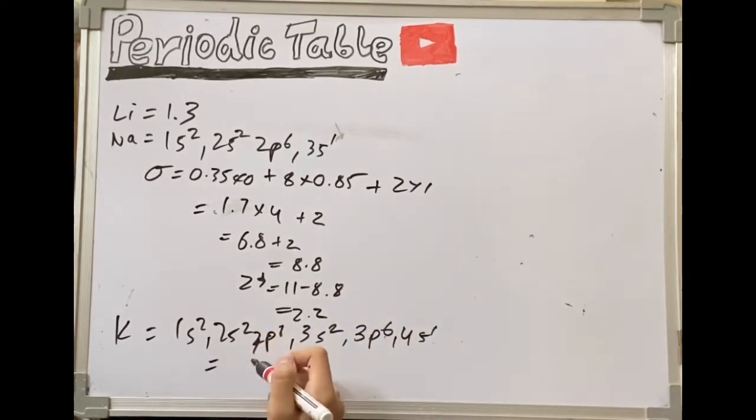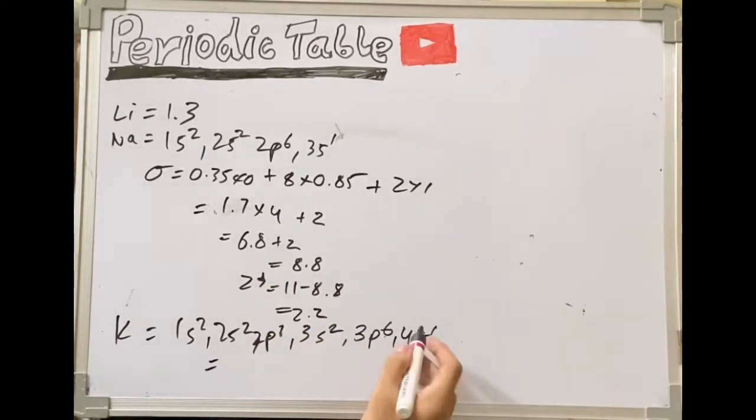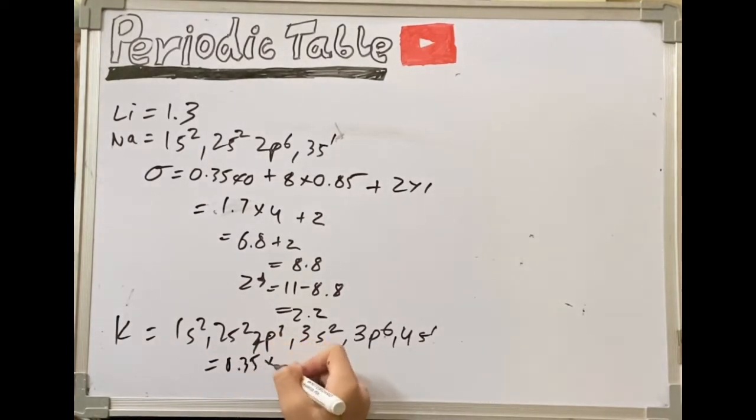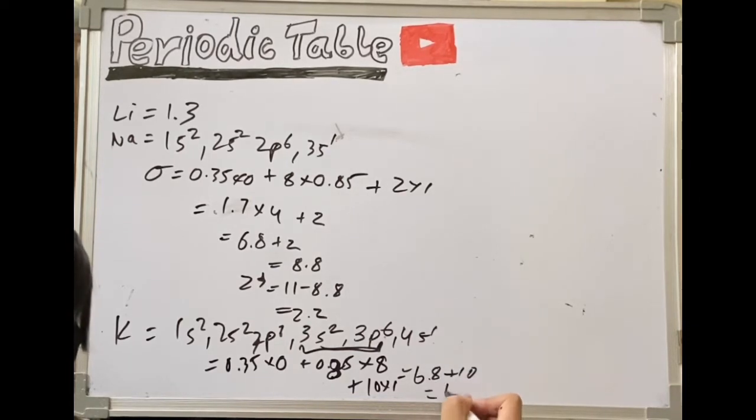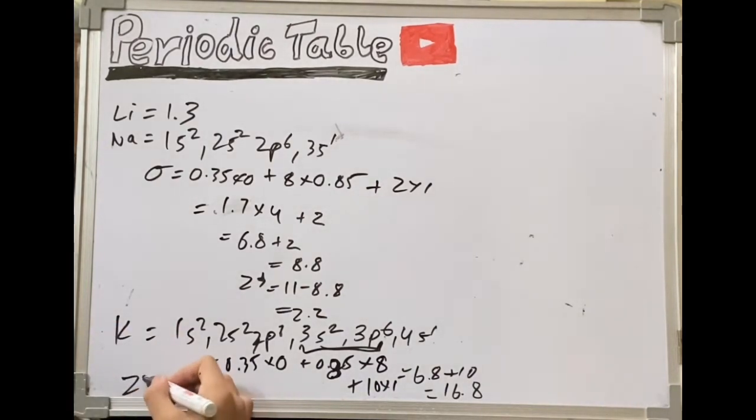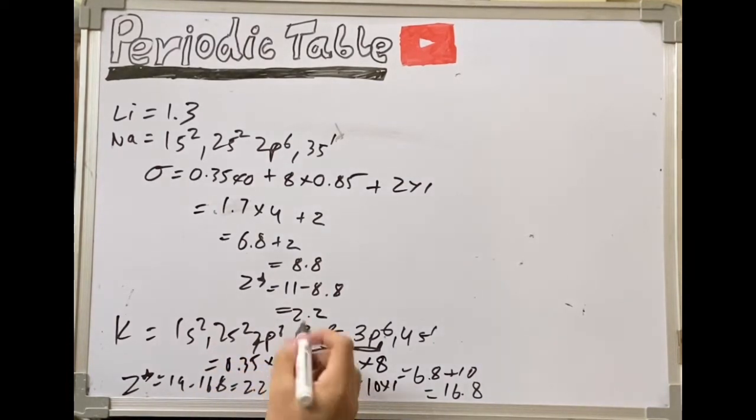So here it will be 0.35 into 0 plus 0.85 into 8 in the third one, plus 10 into 1. So it will be 6.8 plus 10, 16.8. Okay, so 16.8 it will be, and if we get the Z effective over here, it will be 19 minus 16.8, and it is exactly the same.